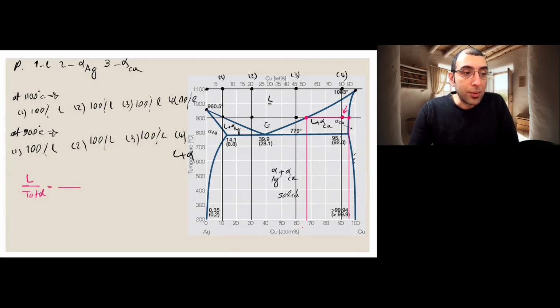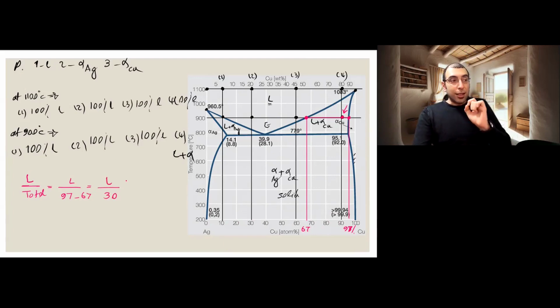If this point is 60, let's say 67%, and this one, let's say just 90, also 97%. Therefore, your total amount is 90/70 minus 60/70. You still need to measure the amount of liquid. So you got 30 liquid over 30.